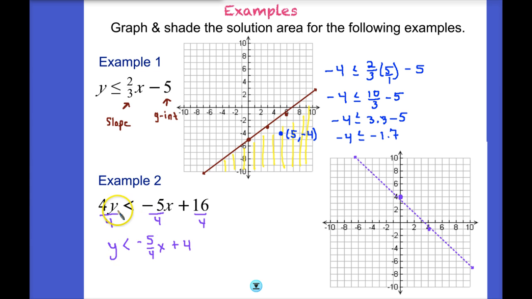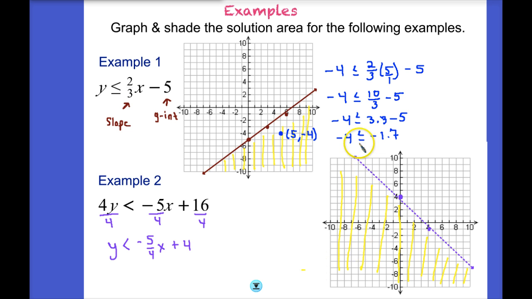I'm going to look at my purple equation in y = mx + b form, and I want to shade all the y's that are less than my line. The y's down here are less than my line, so I would shade the solution area below my line. All these points are solutions to my inequalities.